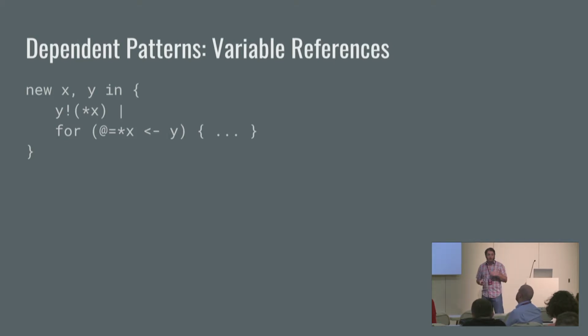Why is that, by the way? Why can't we come up with a single one? Treat whatever is on the right side as a value. Because we have both names and processes.